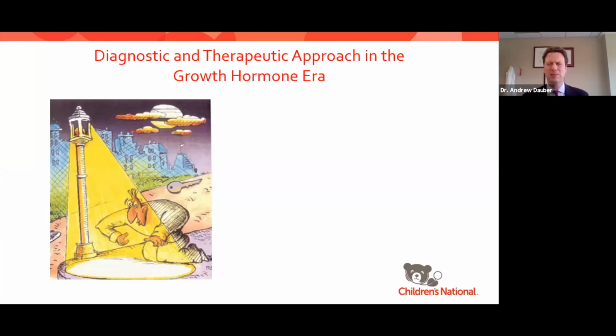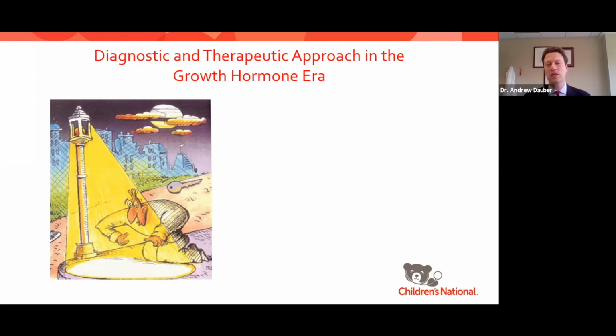So the man turns to him and says, "Well, if you dropped them down the block over there, why are you looking for them here?" And he said, "Well, this is where the light is." Right? So I think that's very appropriate in that for many years, we really only understood the hormonal regulation of growth. We learned a lot about the growth hormone IGF-1 axis and about the endocrine physiology of growth.